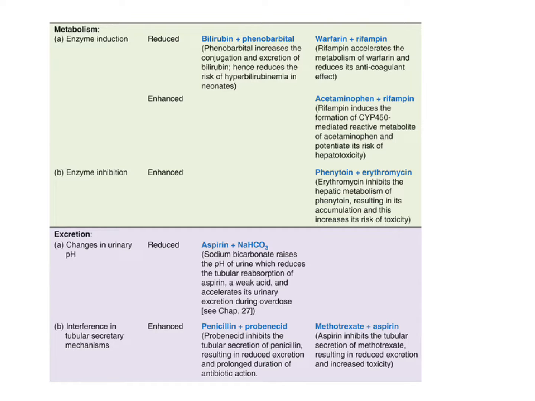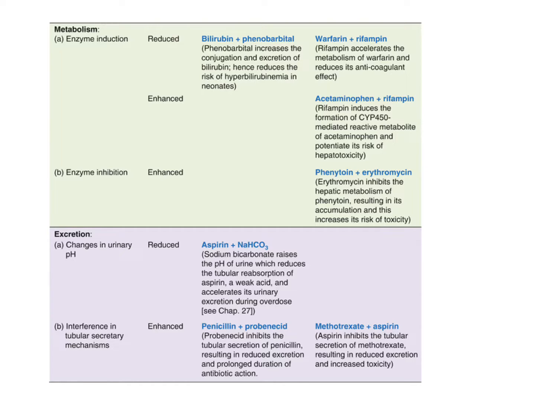Sodium bicarbonate is a basic compound, so it raises the pH of the urine, and because of that, tubular reabsorption of aspirin is lowered, and there is increased excretion of aspirin. That is why sodium bicarbonate is used in overdosing of aspirin.